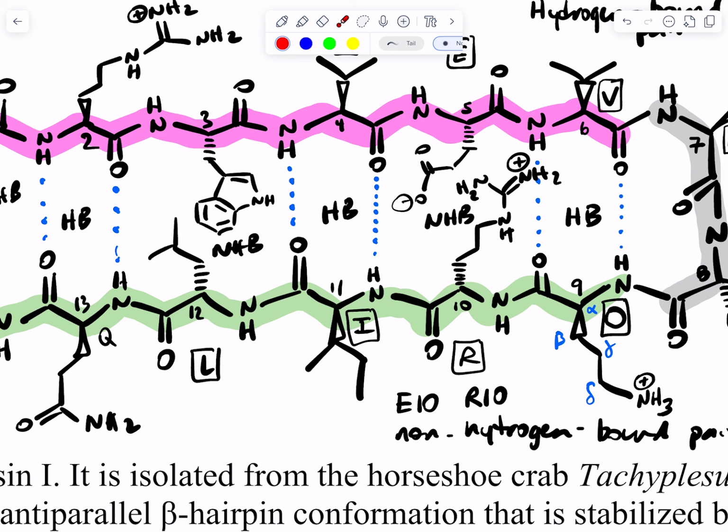So this is not important at all for this class, but the group that made this was interested in whether this tryptophan side chain could interact with this positively charged arginine side chain. Looks like they're far apart because of the twist, but they're actually close together. And they were studying the strength of that interaction using this as a model system.